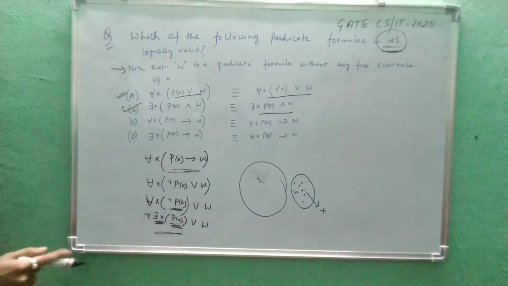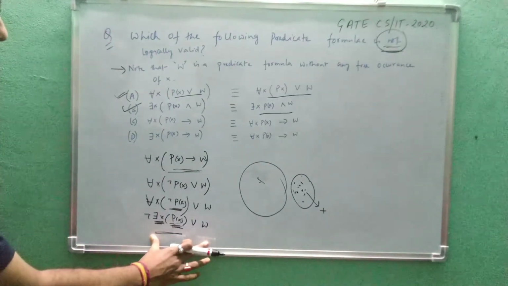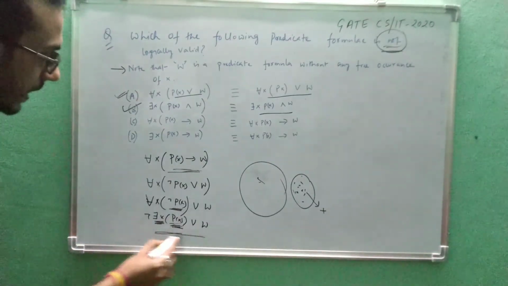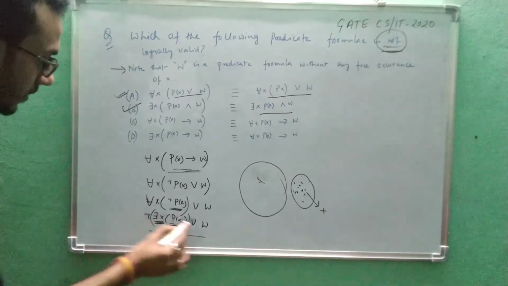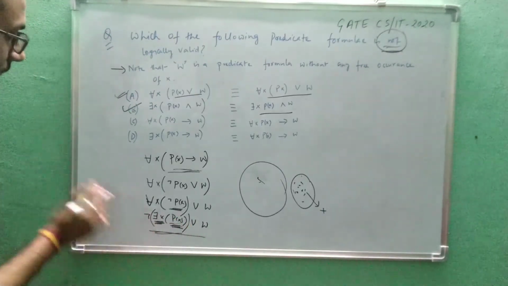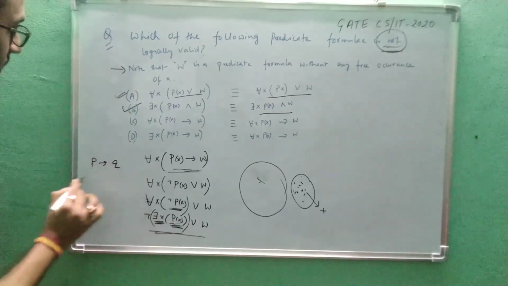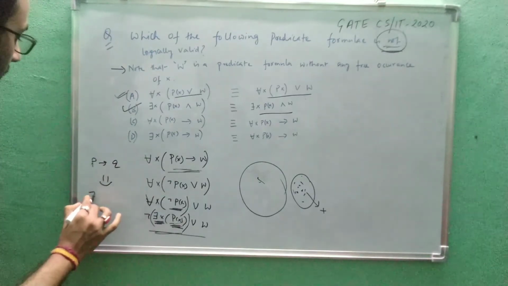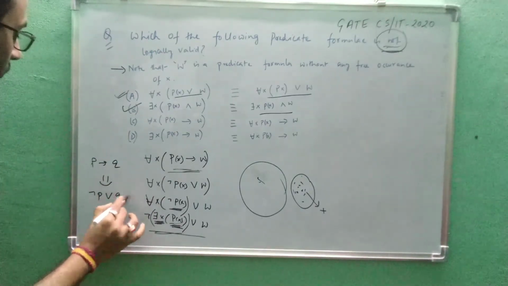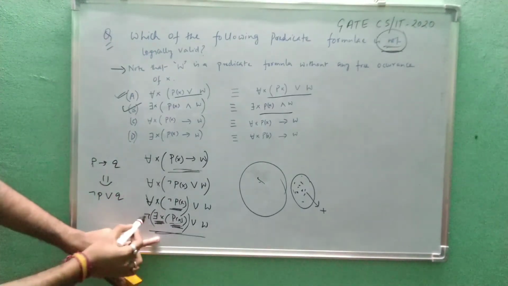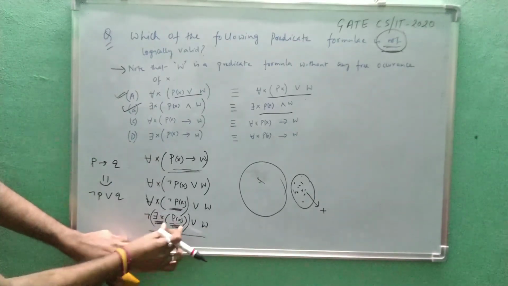Fine. So now this one again we can write in a different format. How can we write this whole thing? I have just told you that if P implies Q, this is equivalent to not P union Q. This is also in this format, not of this union this.